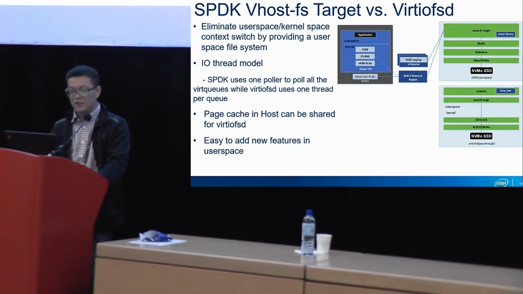On the right, the top layer is SPDK Vhost-fs and the lower area is Virtiofsd. The biggest difference between Vhost-fs and Virtiofsd is that Virtiofsd passes the requests sent from the VM through to the local host file system again.